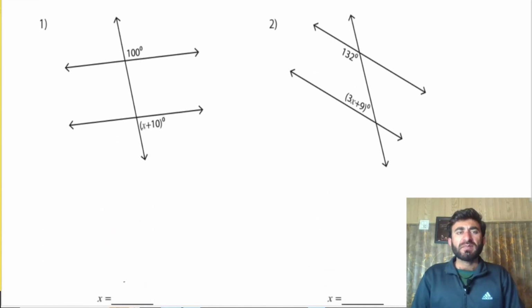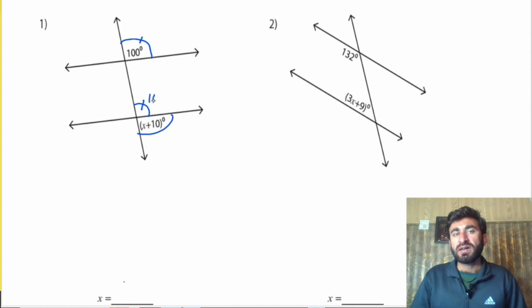Okay, and then again, we have to find the value of X. Here we go for the little complicated portion. We can see that this is the angle X plus 10. Here is the 100. These two angles are not directly related to each other, but we can see that angle 100 will have a corresponding angle over here, so it will also be 100.